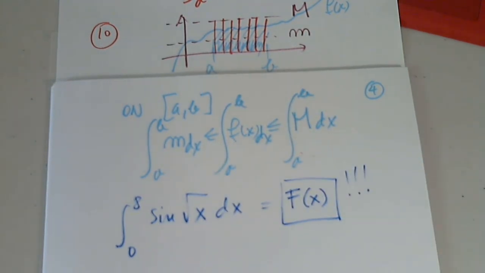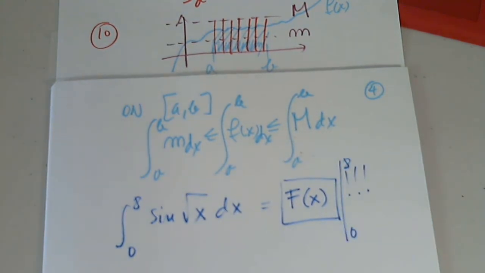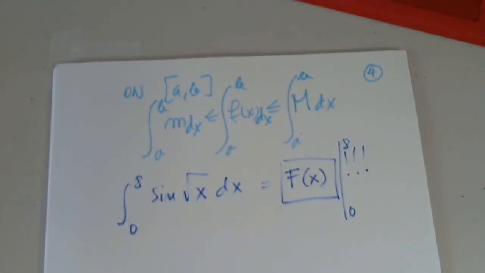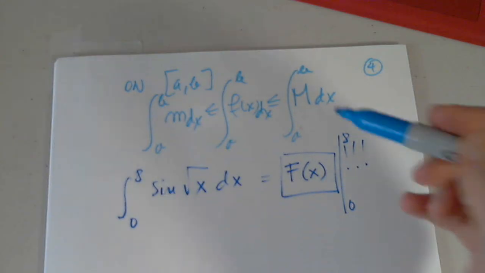I cannot find that, so that I can plug in 0 and 8 and give you the exact answer. So what does this integral say? It says find the area under the graph of sine of the square root of x between 0 and 8. I cannot find this.